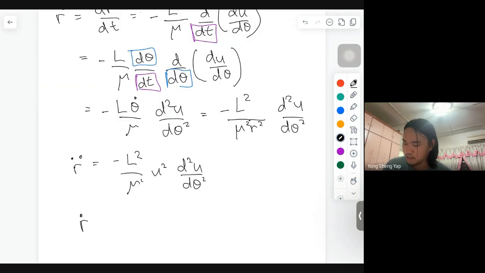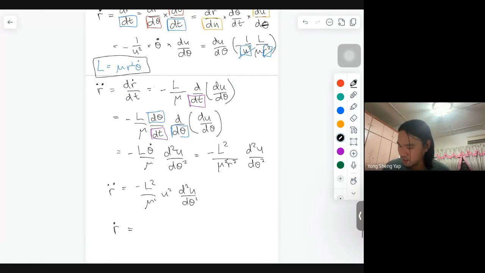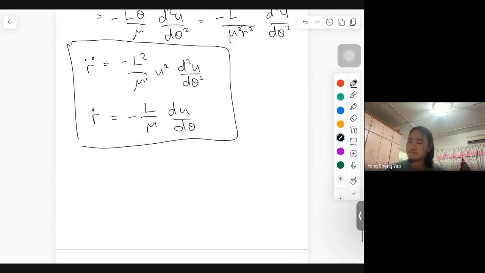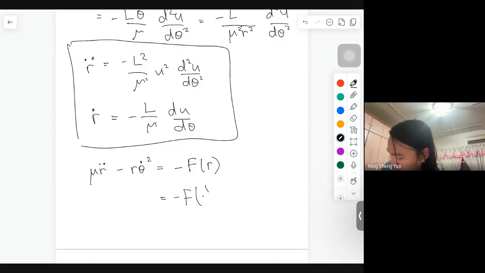So these are the two things. r double dot is this, and r dot is negative L over mu du/d theta. Just to recap, the equation of motion is mu r double dot minus mu r theta dot squared equals negative F of r. So in terms of u, this equals negative F of 1 over u.